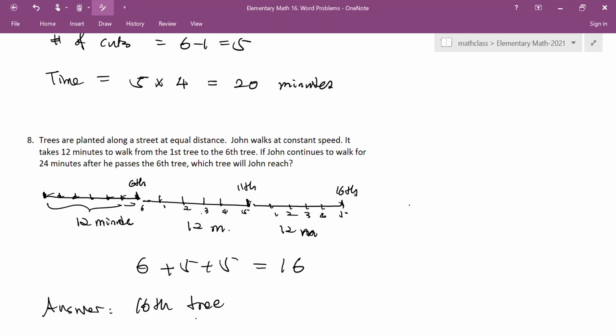Got it? Now it's clear after you draw the picture, right? In 12 minutes it passes 5 trees. Forget the first one, the starting point. 12 minutes, 5 trees, 12 minutes, 5 trees. Total he passes 15 trees, but add the first one, the initial one. That's 16 trees, the 16th tree.